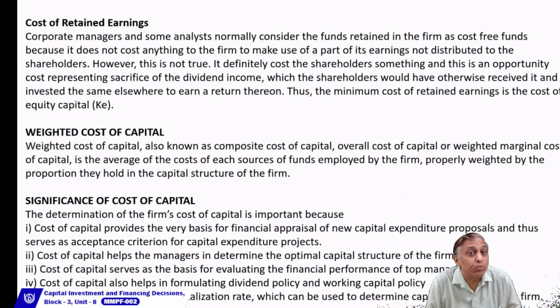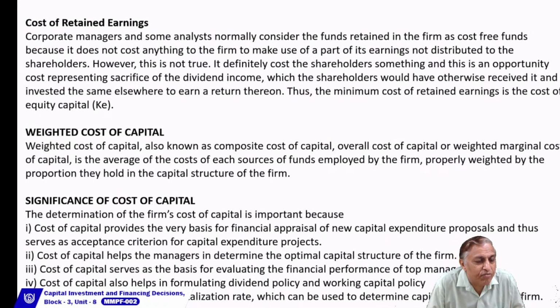But this is not true. It definitely costs the shareholders something, and this is an opportunity cost representing sacrifice of the dividend income which the shareholders would have otherwise received and invested elsewhere to earn a return thereon. Thus, the minimum cost of retained earning is the cost of equity capital, KE.